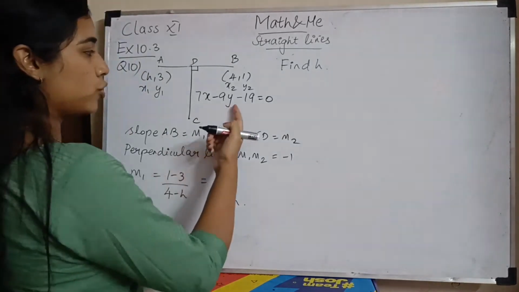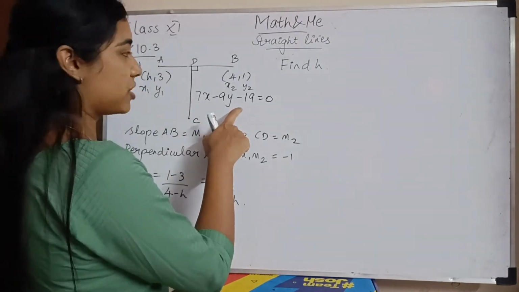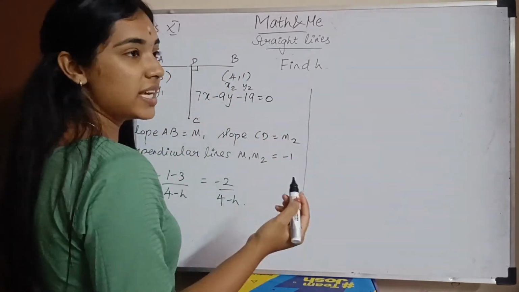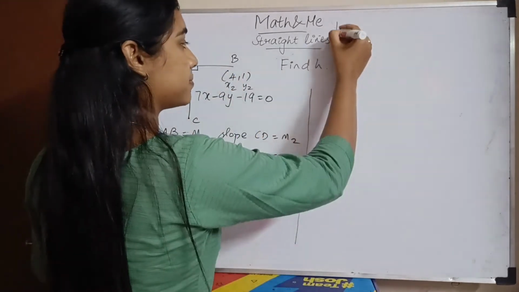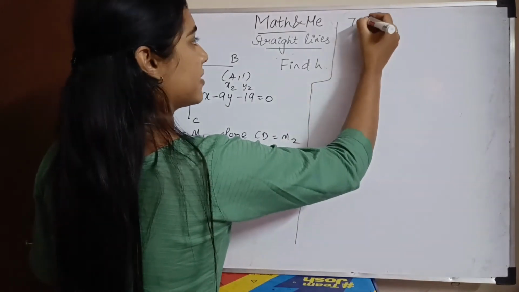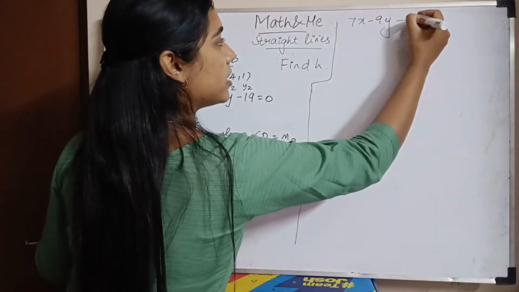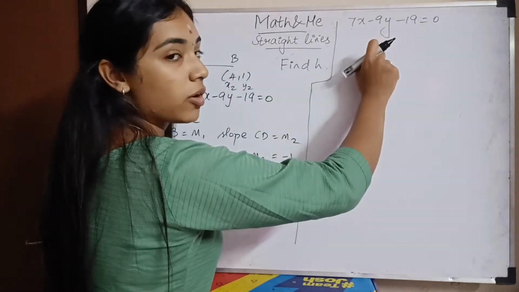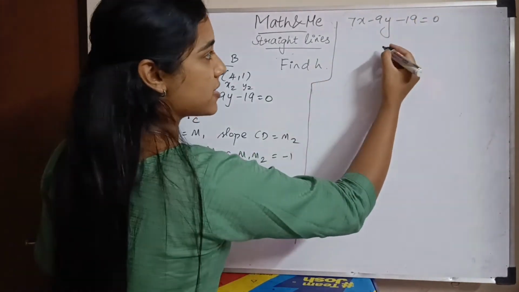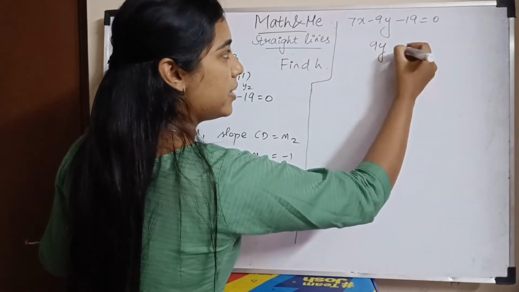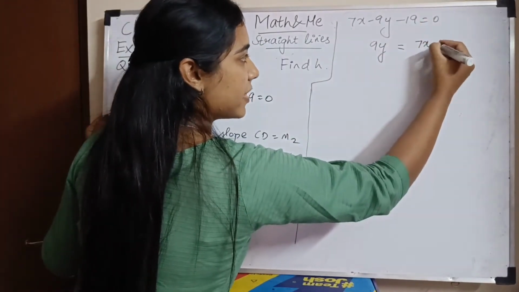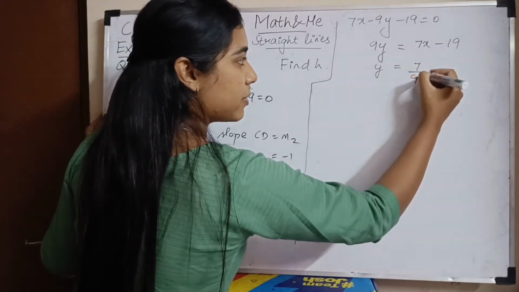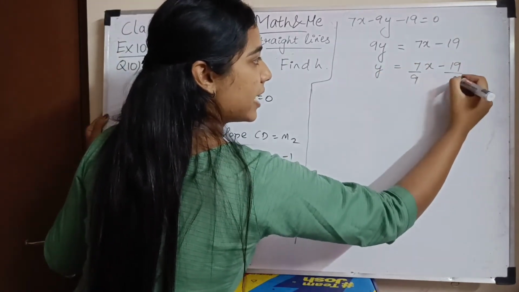What is your M2? Here you had 2 points, but here you have an equation. So how do you use the equation to find the slope? 7x minus 9y minus 19 equals 0. I am going to retain the y on one side and take everything else to the other side. So I have 9y equals 7x minus 19, y equals 7 by 9 x minus 19 by 9.